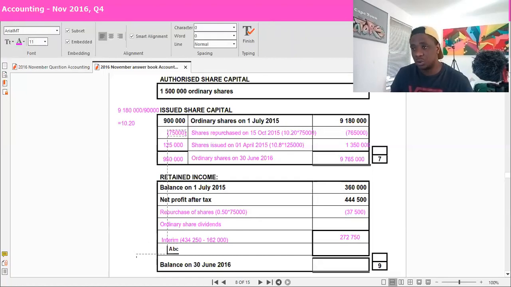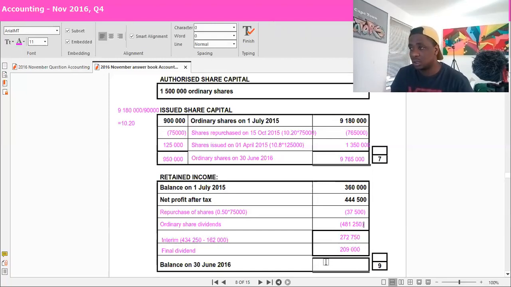And then we already know that the final dividend is 209,000. That was straightforward. Final dividend is 209,000, and then if you add the dividends together, you would get obviously a negative amount of 481,250.